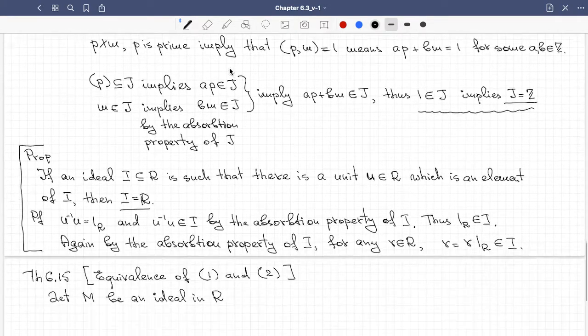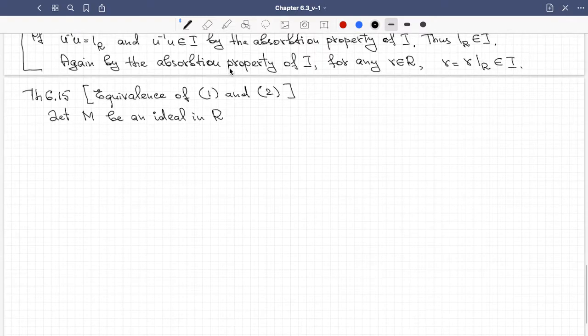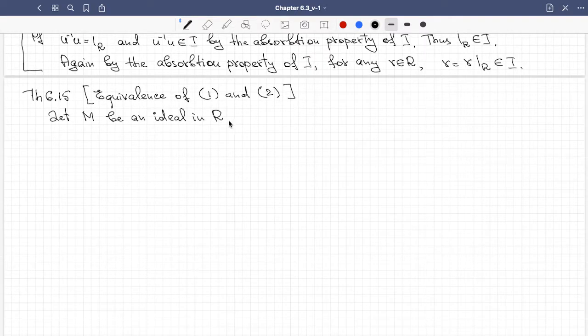So let M be an ideal in our ring R, a commutative ring with identity. M is maximal if and only if the quotient ring is a field.